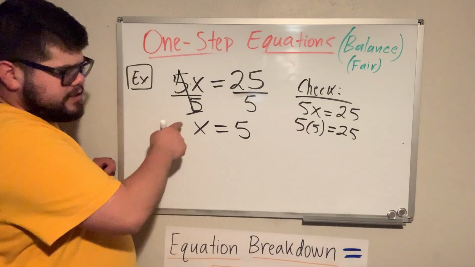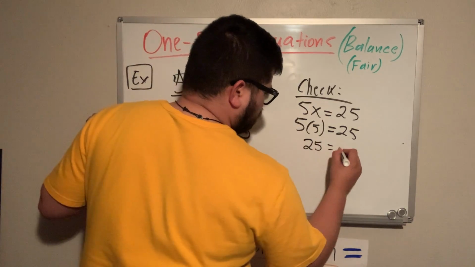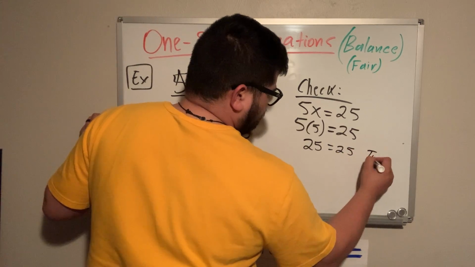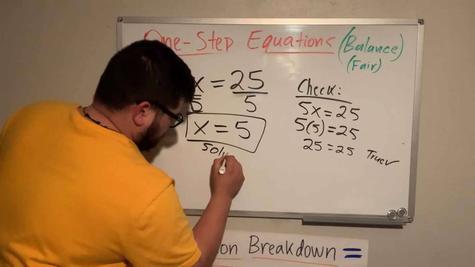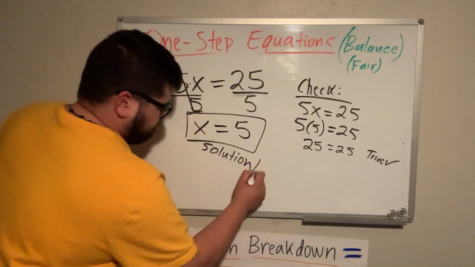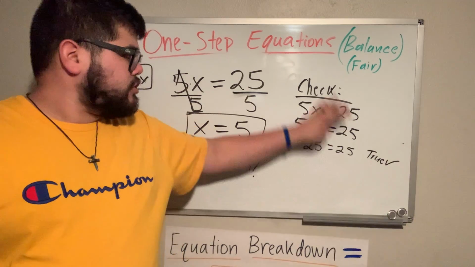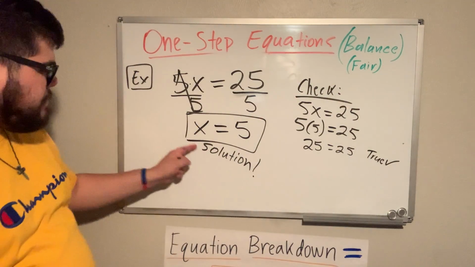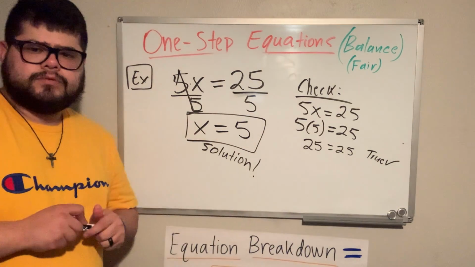If we get a false statement, this is not our solution. 5 times 5, we get 25 equals 25. That's true. So that means this is our solution. Remember, this is just a check. I'm not circling it. There's no answer over here. This is my answer. This is my solution. 5 is my answer. Okay?